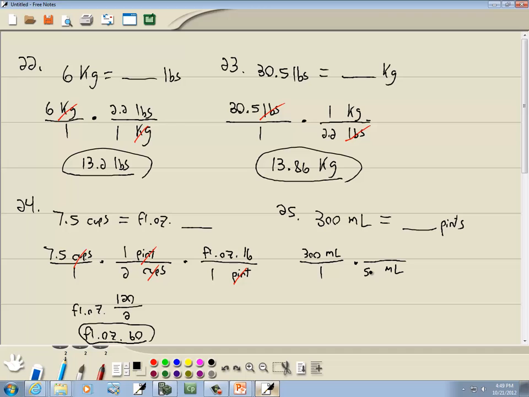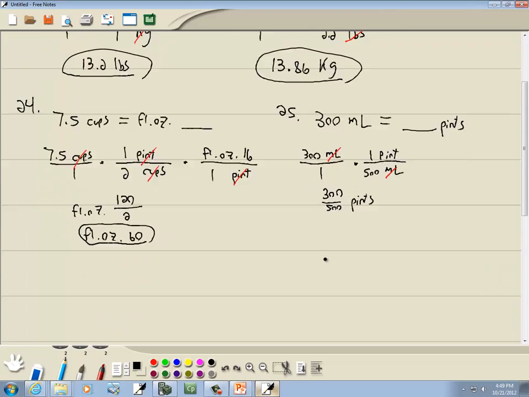So 500 milliliters is 1 pint. Well, the milliliters cancel. And we got 300 over 500 pints. We could reduce that. Top and bottom both by 100. You can also just cross zeros off at the end. So that gives us 3/5 pints. Or if I want to put it in decimal form, that gives us 0.6 pints.